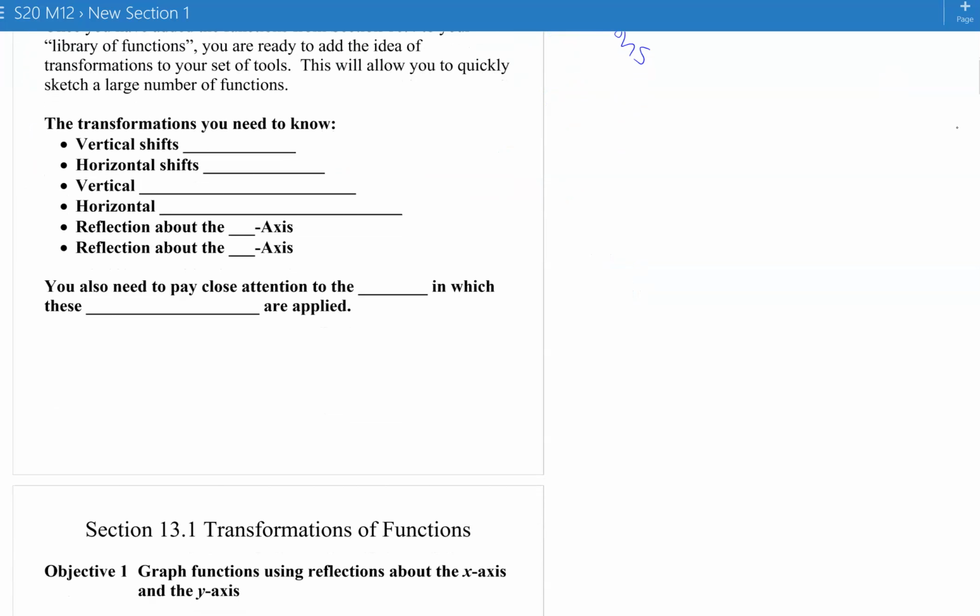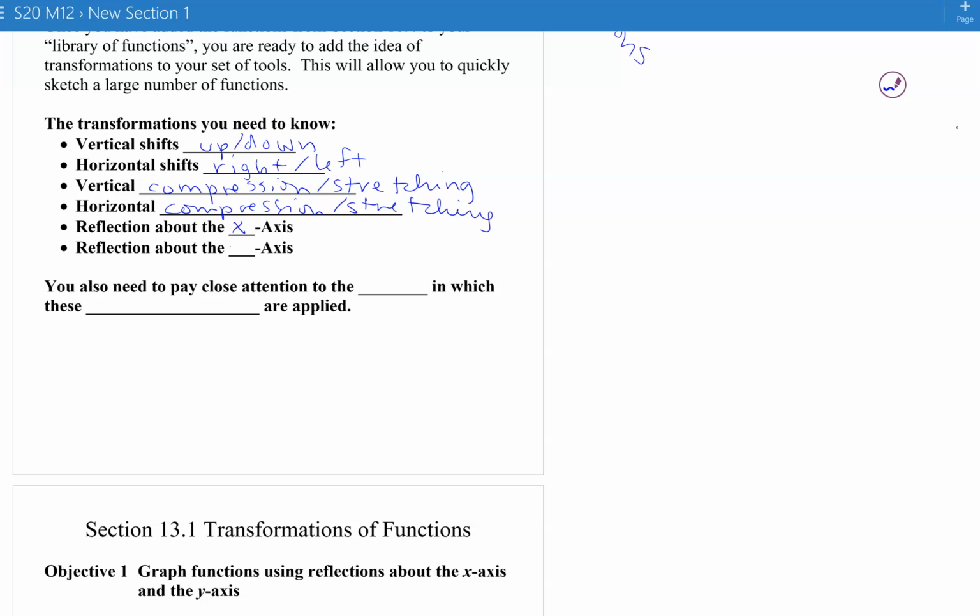So the transformations you need to know are vertical shifts up and down, horizontal shifts right and left, vertical compression and vertical stretching, and then horizontal compression and horizontal stretching.